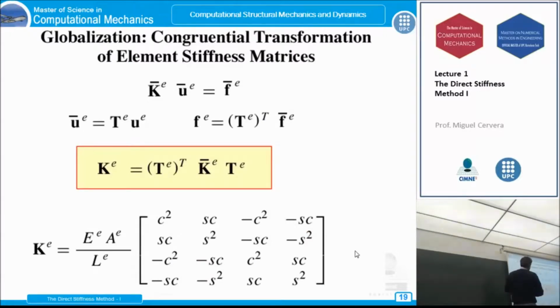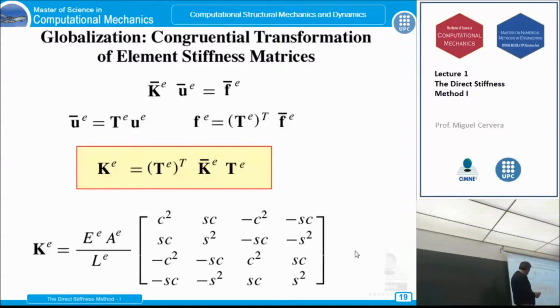Now, we know how to globalize or localize displacements and forces, which means that starting from this relationship, which is local, we can plug this here, and then we can use this, and it's a simple algebraic manipulation. Then we can see that if you know the stiffness matrix in local coordinates, you can easily obtain the same elemental matrix in global coordinates by doing this transformation.